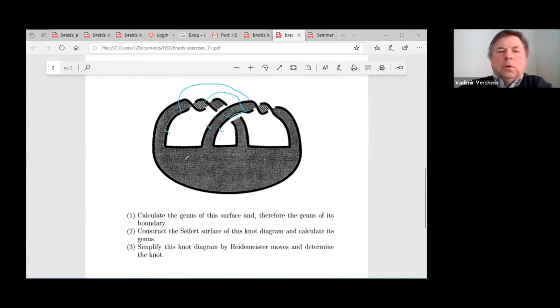Yes, we now can, because here we can use second Reidemeister to put here to here, and we eliminate this crossing. We eliminate this crossing, right?